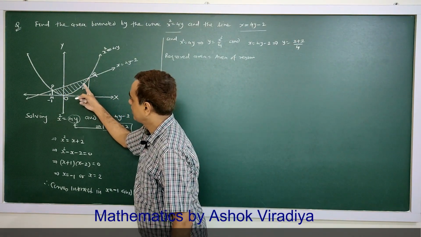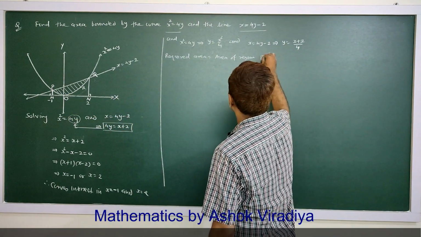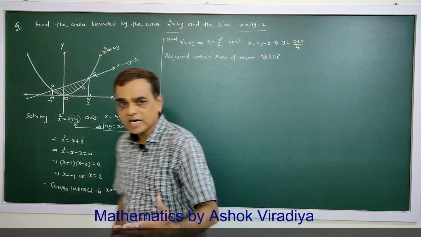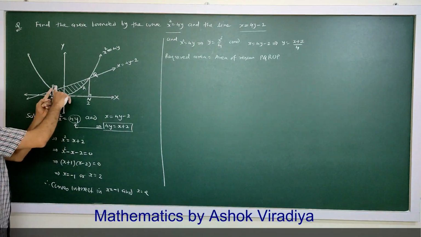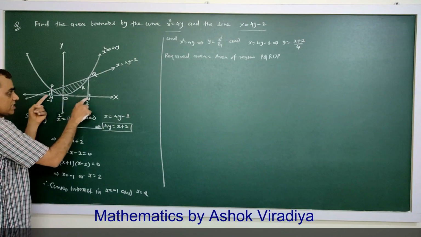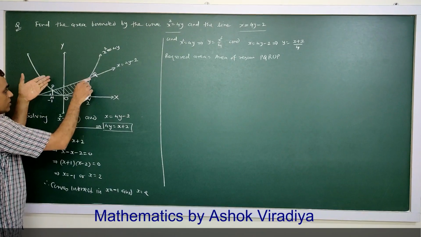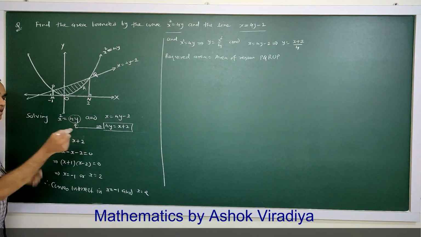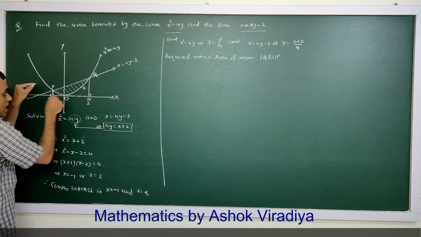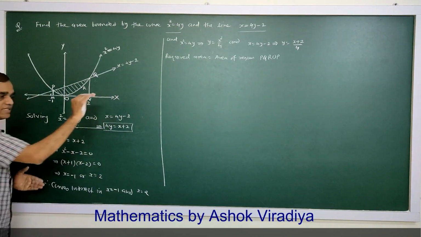It can be calculated by the area below line segment PQ towards the x-axis. So area bounded by this curve, these two vertical lines and the x-axis, minus area bounded by this parabola, x equal to minus 1, x equal to 2 and the x-axis.